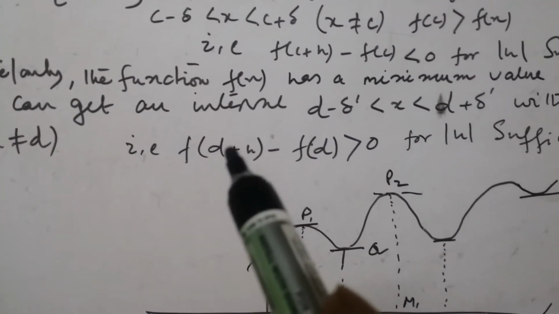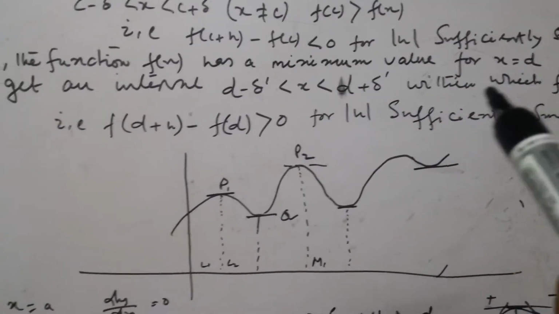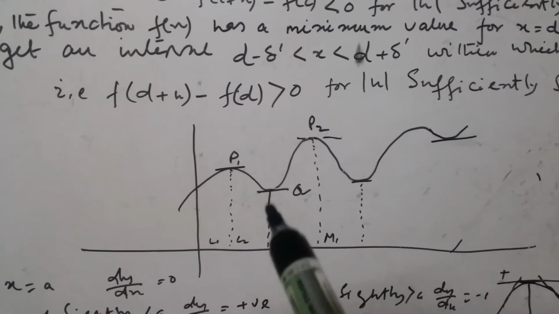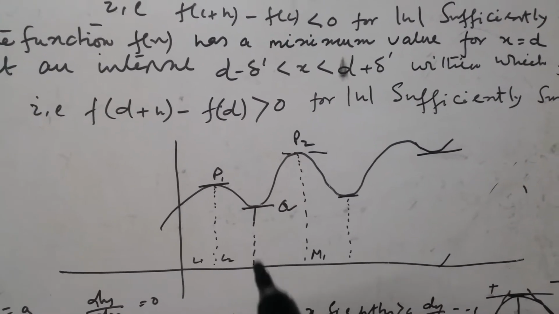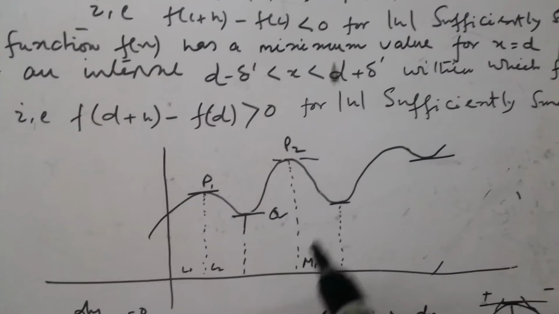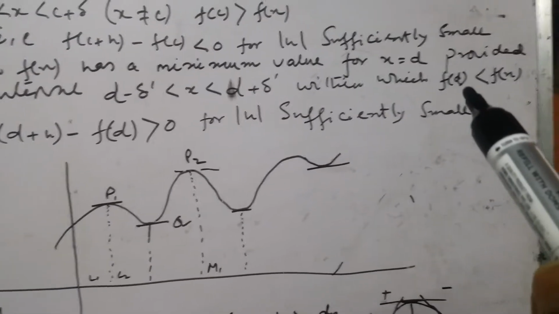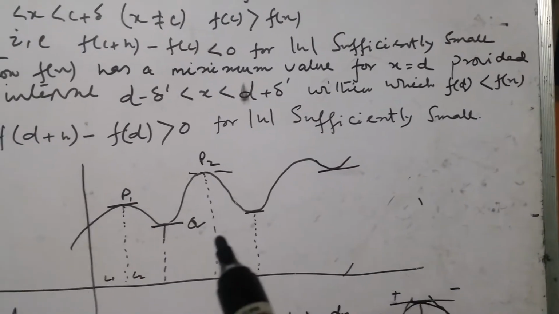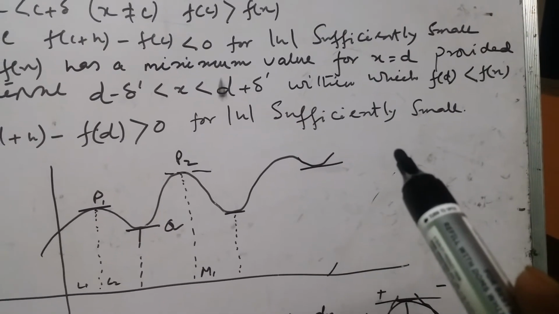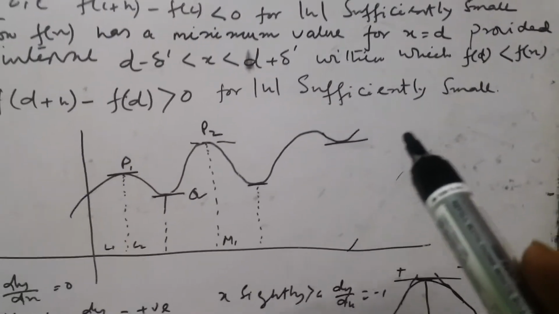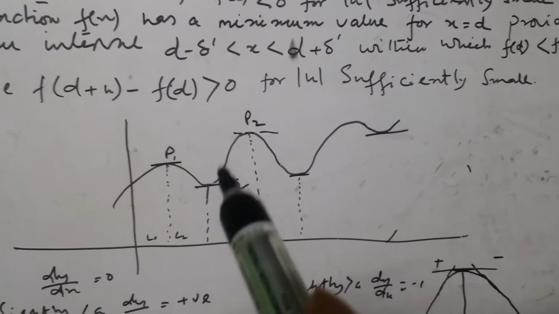And similarly, if f(x) has a minimum value for x equal to d, suppose there d minus delta dash, d plus delta dash, f(x) is always greater than f(d).